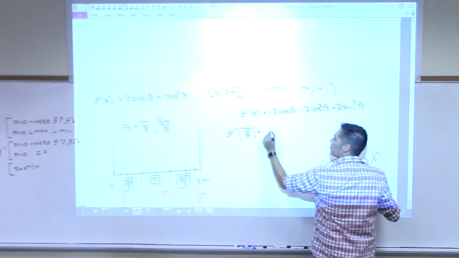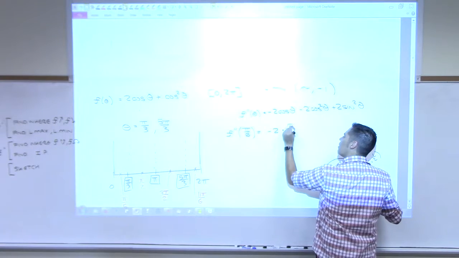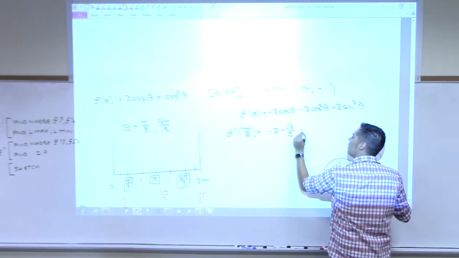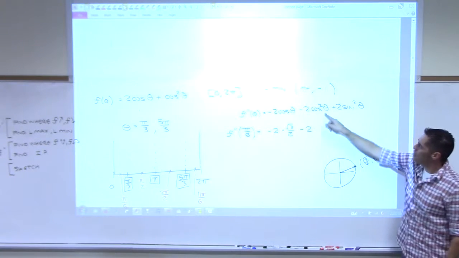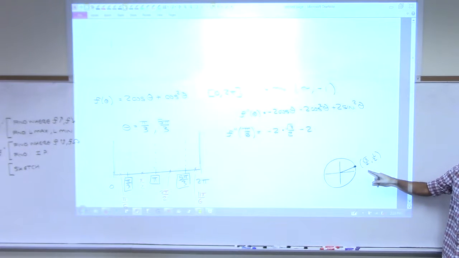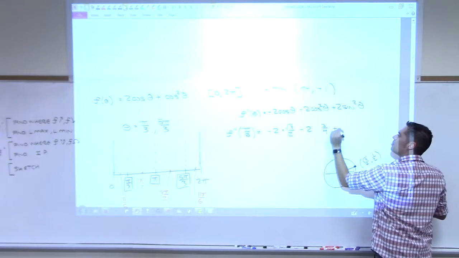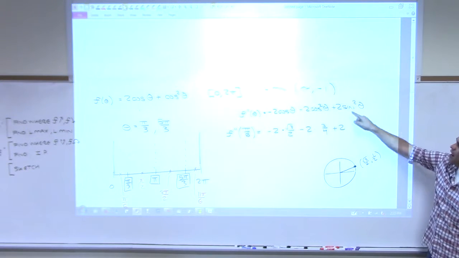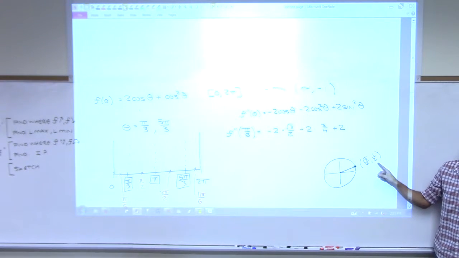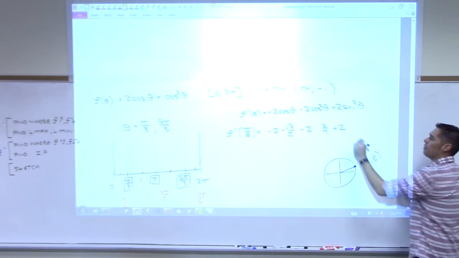So I have -2 times √3 over 2 minus 2 times, now what's cosine of pi over 6 again, but squared? So square this. 3/4, 3 over 4. Plus 2, now sine squared. So what's sine of pi over 6? 1/2, and then squared, so 1/4.